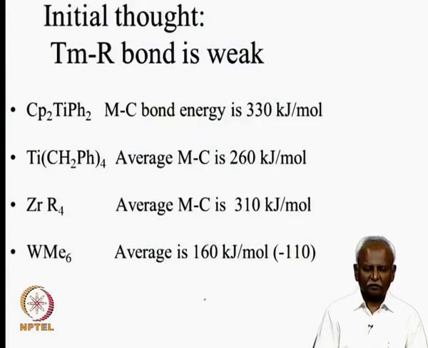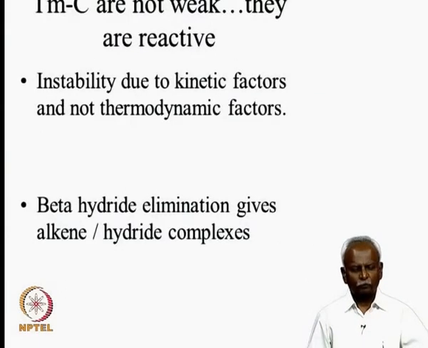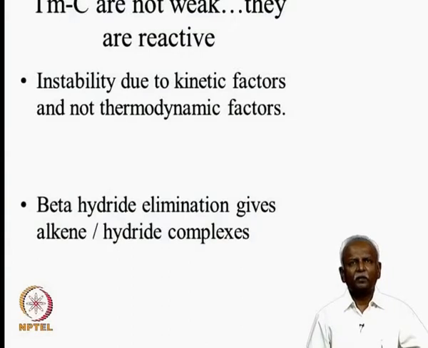Hexamethyl tungsten is in fact a special case, and we will discuss this a little later if we have the chance, as it has got a fairly unique structure. So, the transition metal carbon bonds are not inherently weak, they are thermodynamically stable, and the instability is really coming from some kinetic factors. They have a reaction channel which allows them to decompose very readily.